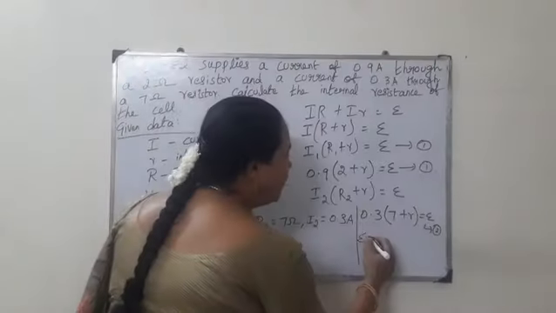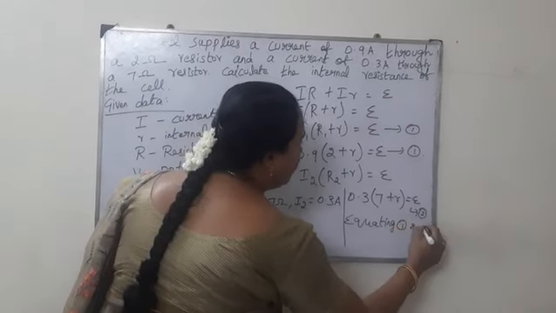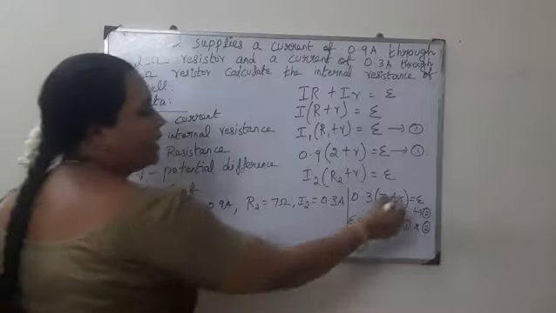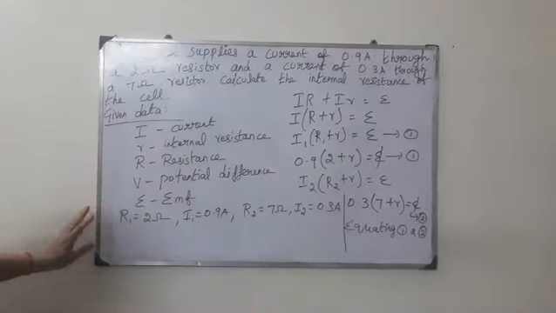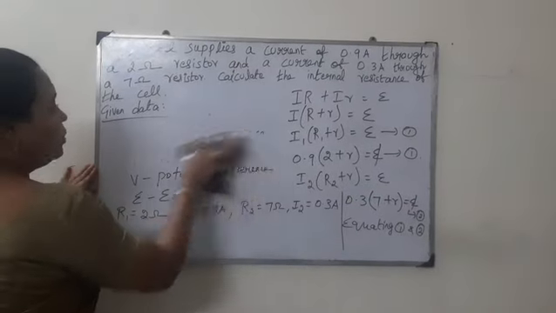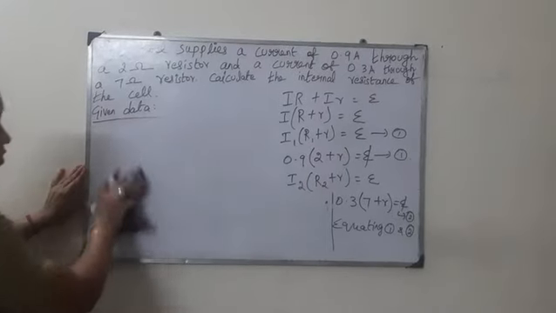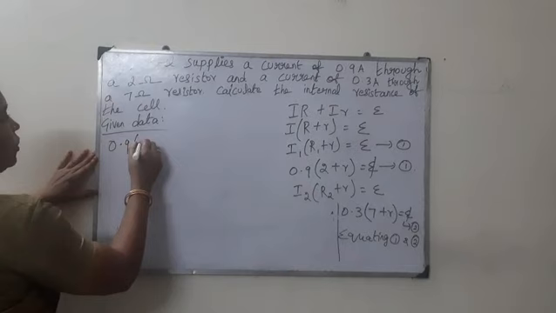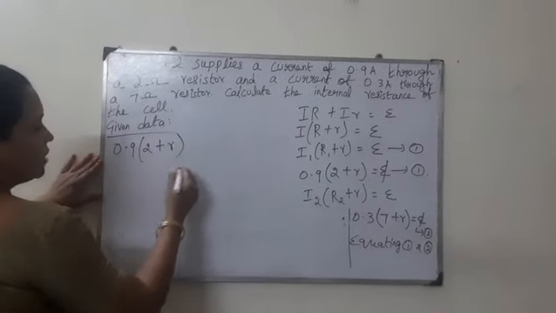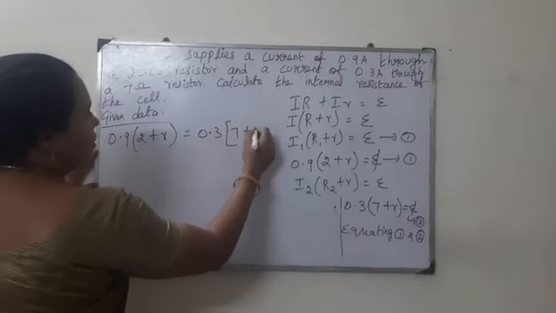Now equating equations 1 and 2. Equating 1 and 2, so what will happen? Right hand side we have the EMF, E, which gets cancelled. And then next step we have to equate the left hand sides alone. So we will have 0.9 into (2 plus r) is equal to 0.3 into (7 plus r).